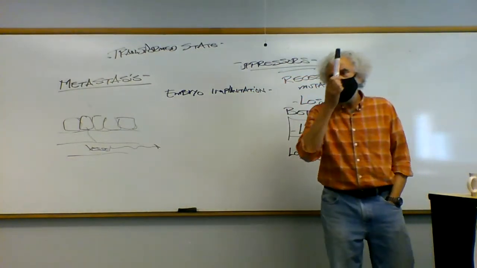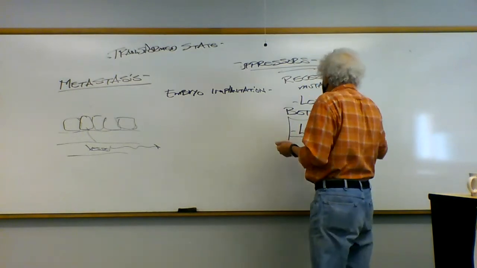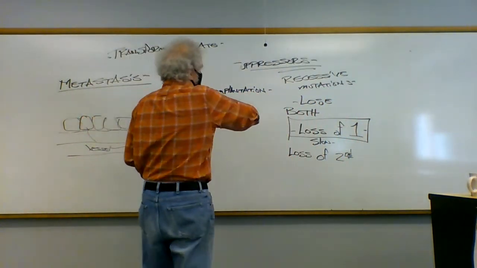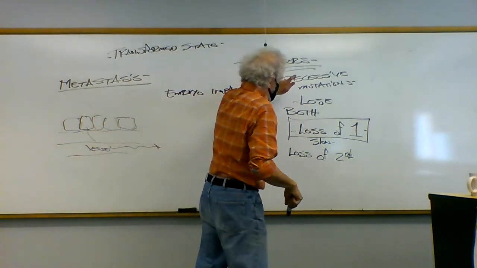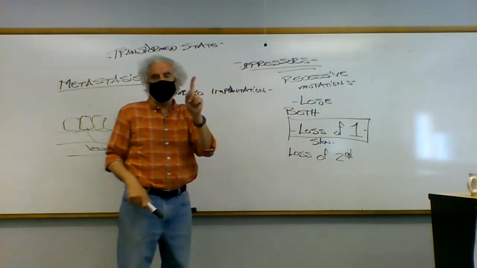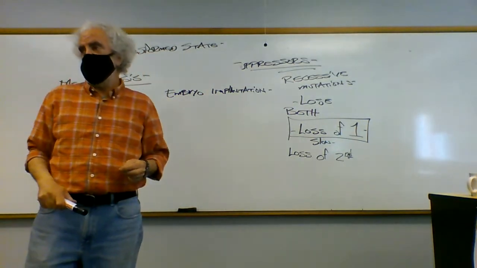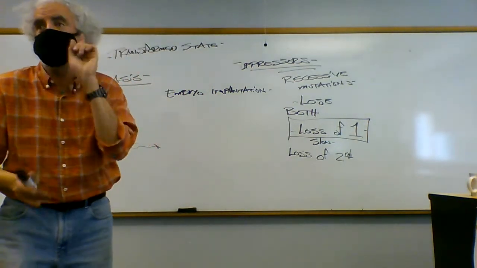The critical point is an oncogene is acting as a dominant, a tumor suppressor is acting as a recessive. A dominant mutation means you only have to mutate one of the homologs. Got to mutate it just so, but just one of them.